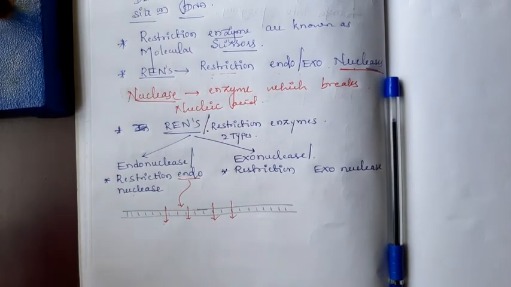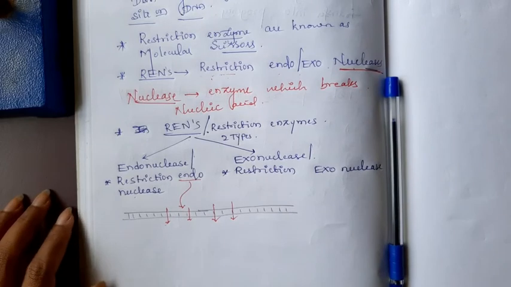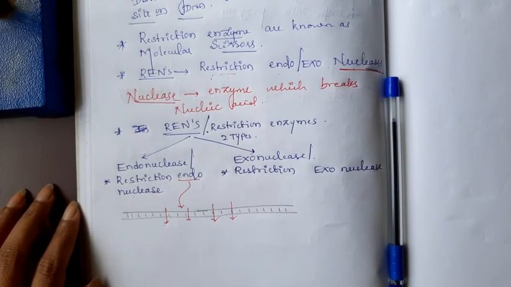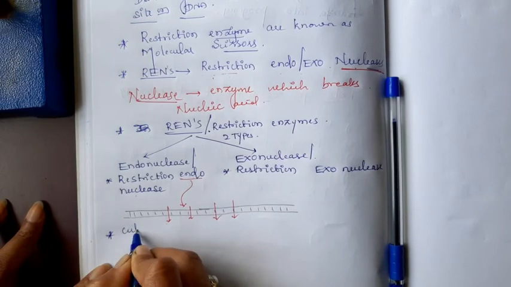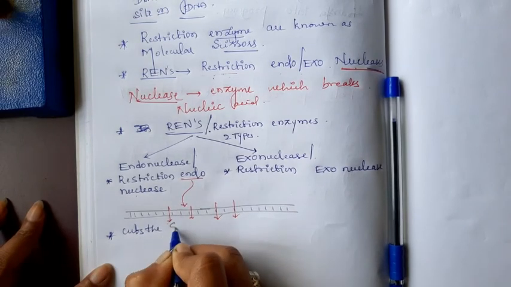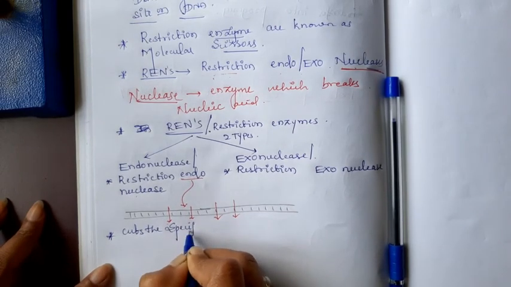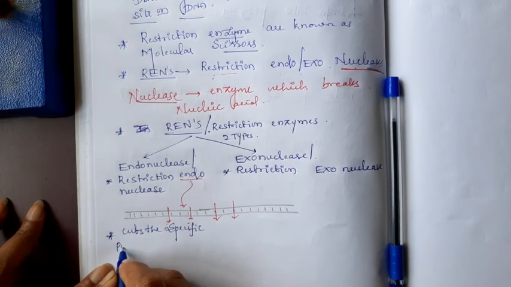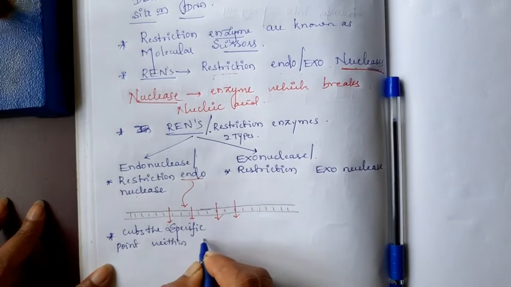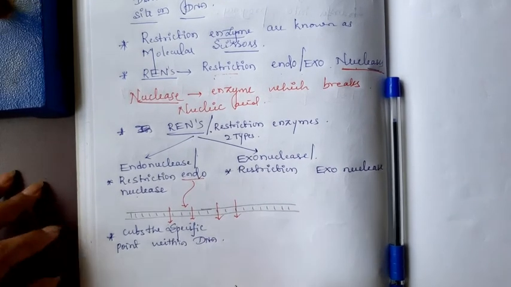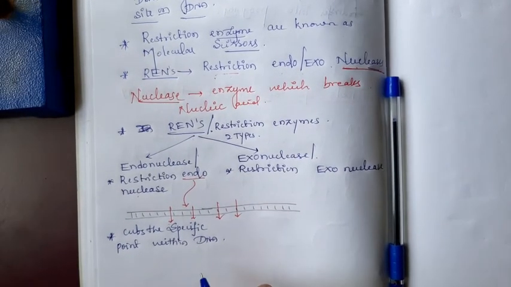I can write here: endonucleases cut the DNA at specific points within the DNA. Okay, exactly in the middle.